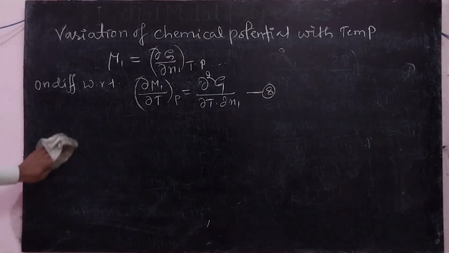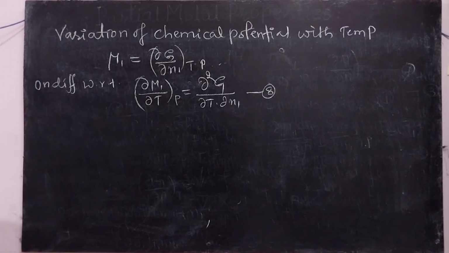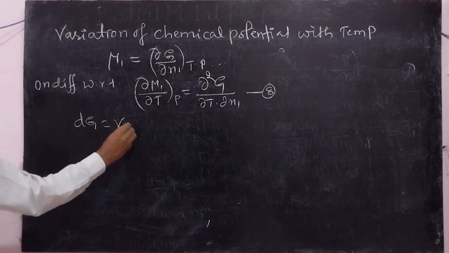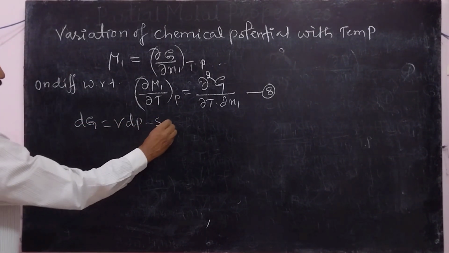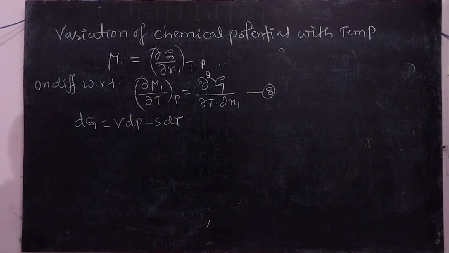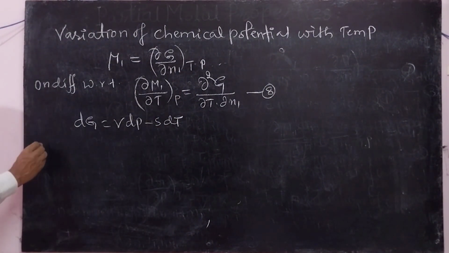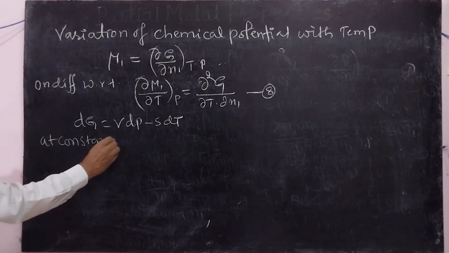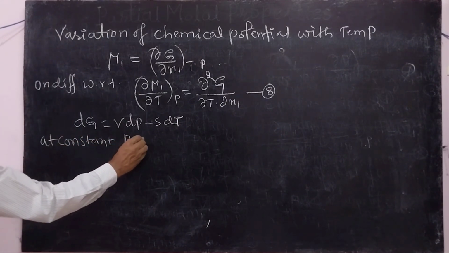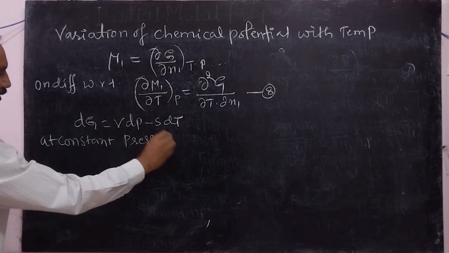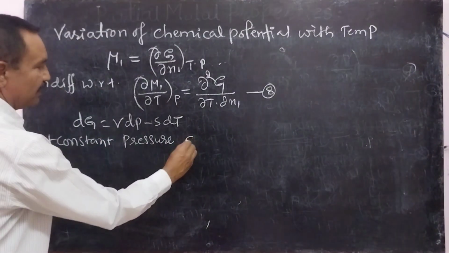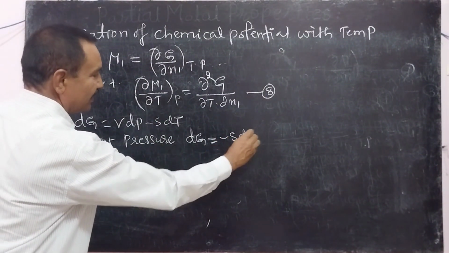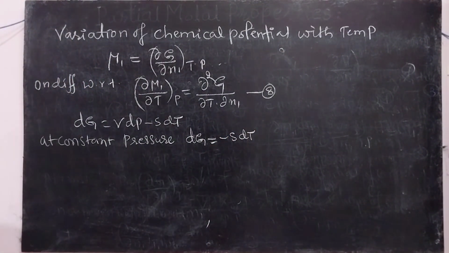Now from the combined equation of the second law of thermodynamics, we know dG equal to V dP minus S dT. At constant pressure, this equation becomes dG equal to minus S dT.